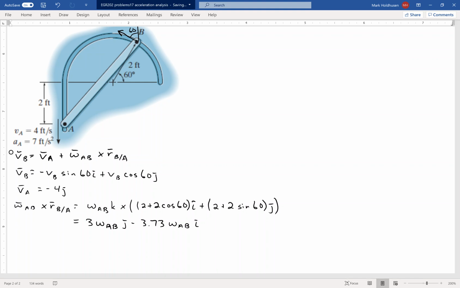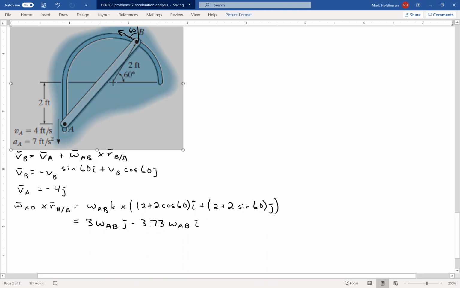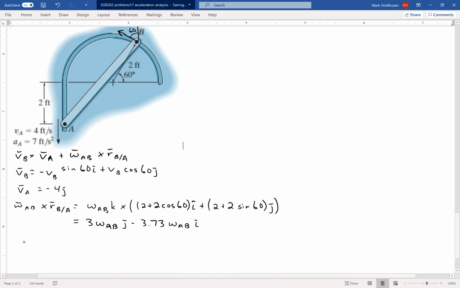So my i component for VB is negative 0.866 VB equals negative 3.73 omega AB, and then I get 0.5 VB equals negative 4 plus 3 omega AB, right?